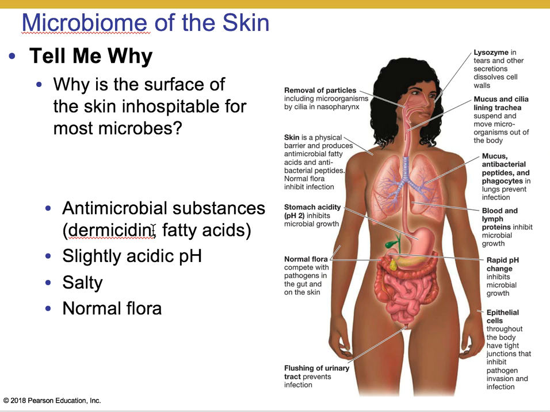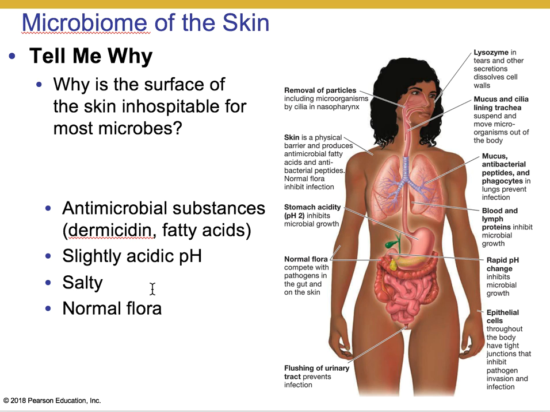Dermacidin is simply a general name typically for small peptides with antimicrobial activity. Fatty acids can also exhibit antimicrobial activity, some of these serving to lower the pH. So the low pH is not tolerated by many microbes.